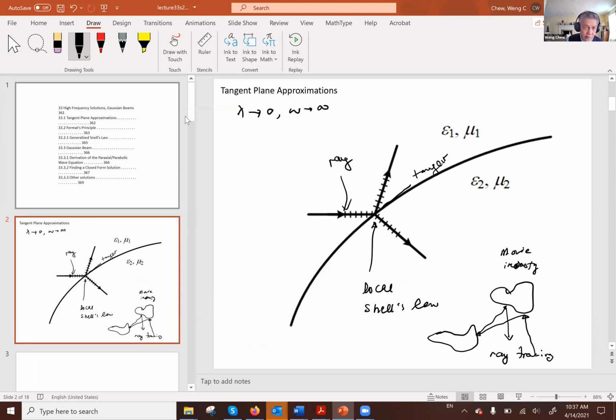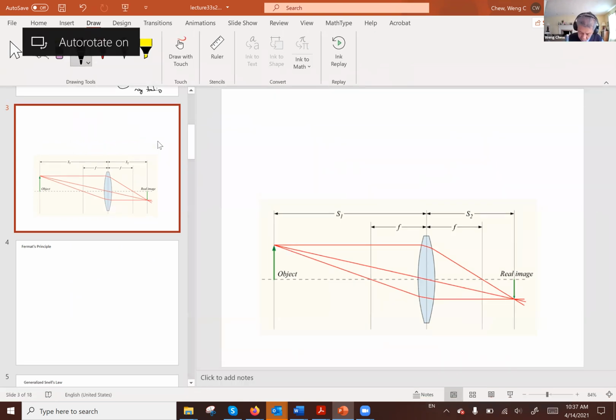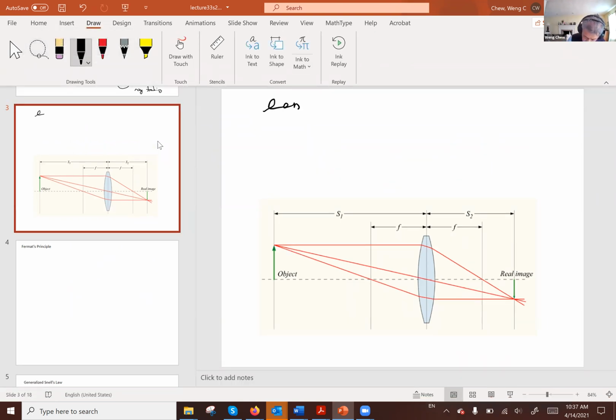Let's try to go beyond ray tracing. One of the obvious things that you can do about ray tracing is actually to do lens optics. Let me pull this back again. In lens optics, you just assume that if you have an object, it gives out light rays, and you can trace the light rays as they go through a dielectric object.